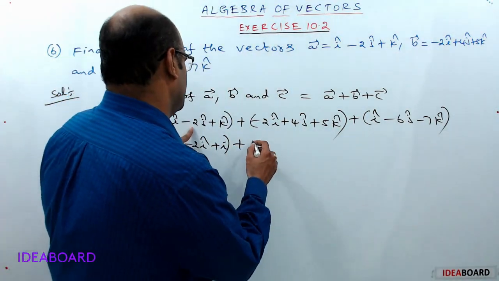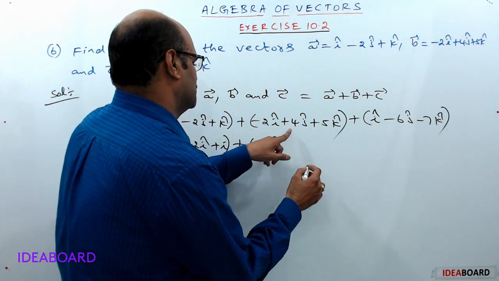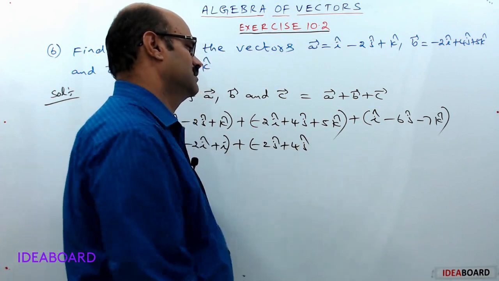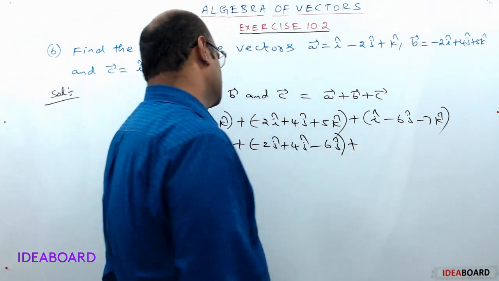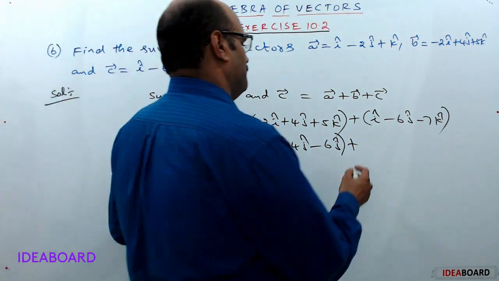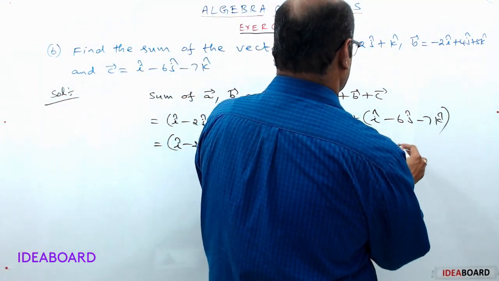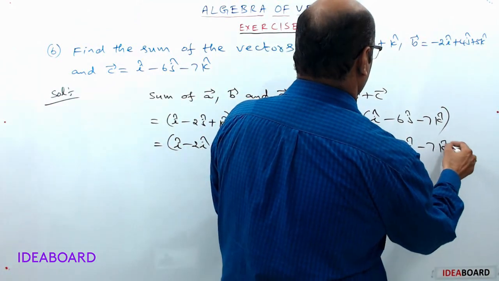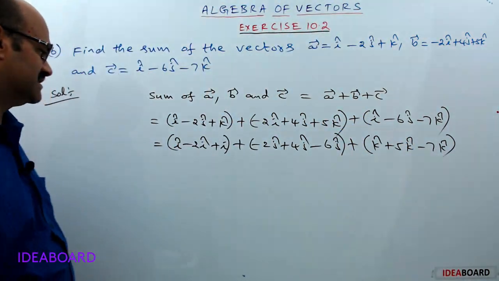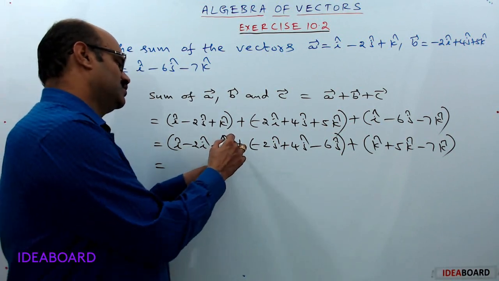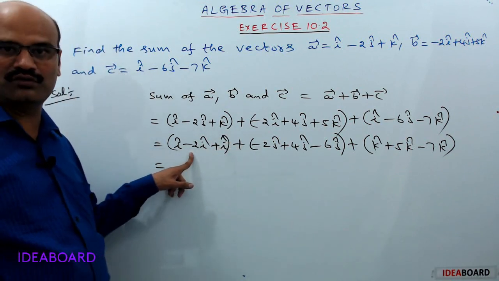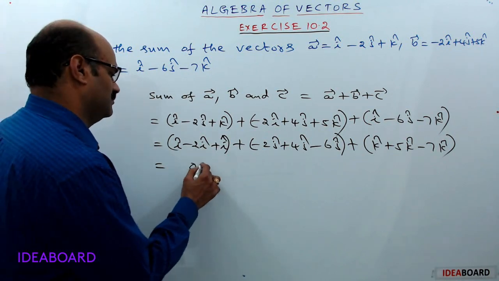So minus 2j cap plus 4j cap minus 6j cap, plus k cap plus 5k cap minus 7k cap. So i cap plus i cap equal to 2i cap. 2i cap minus 2i cap equal to 0i cap.